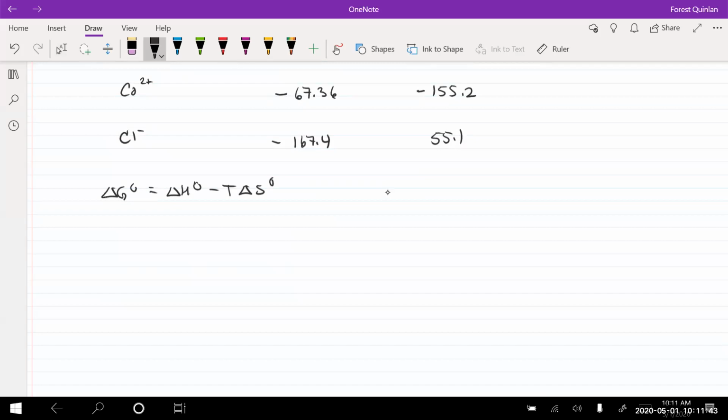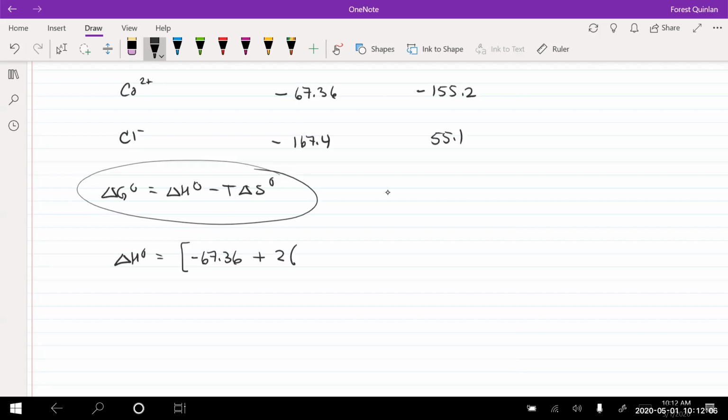So keeping this in mind, we're going to go with the delta H naught. This is equal to the products minus the reactants. So our products are the cobalt at a negative 67.36 plus the chlorides, and hopefully you guys remember that since there's two of them, we're going to multiply that by 2. So negative 167.4.